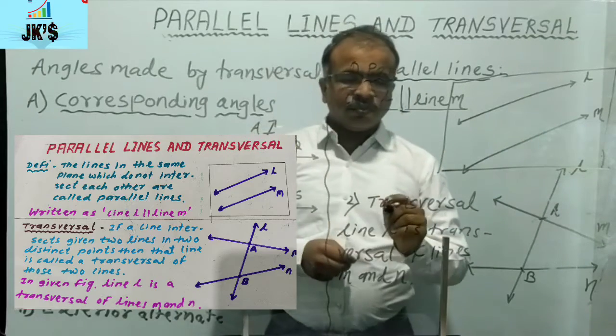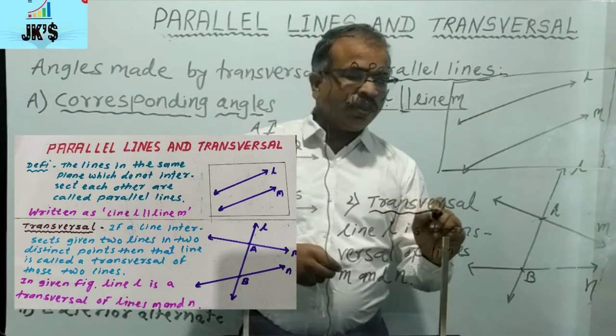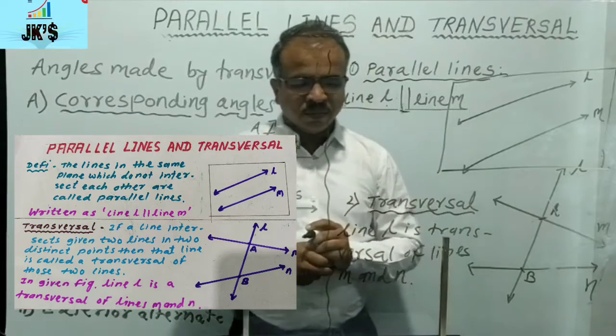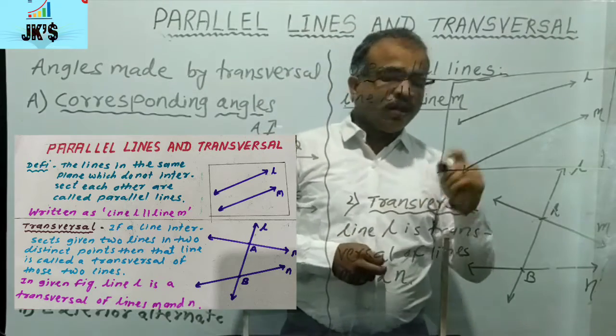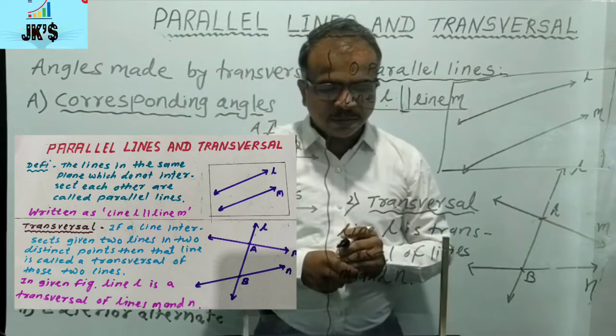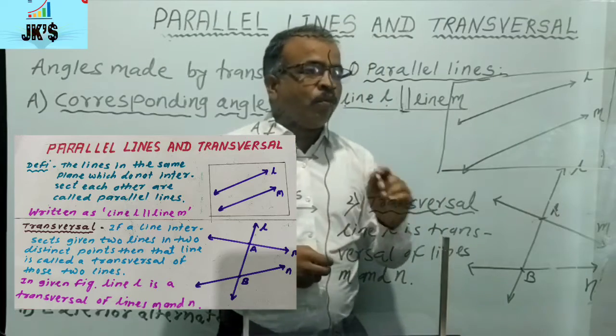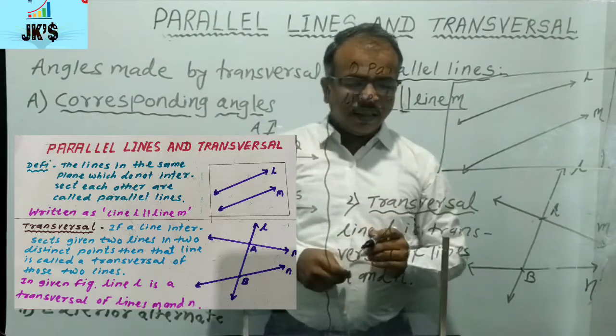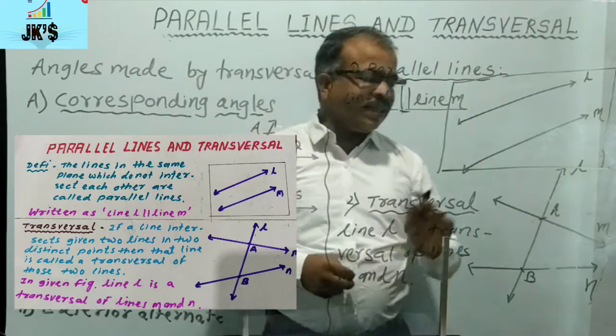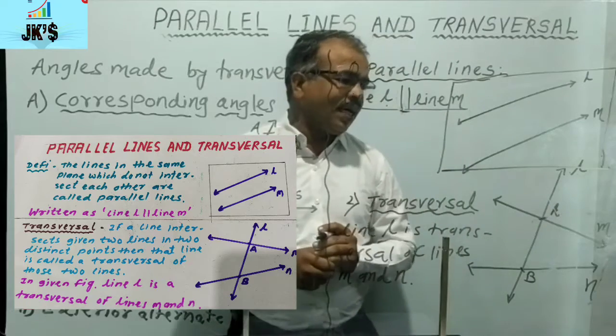Now, the transversal. Transversal means if a line intersects two or more lines in two or more distinct points, then that line is known as the transversal of the given lines.